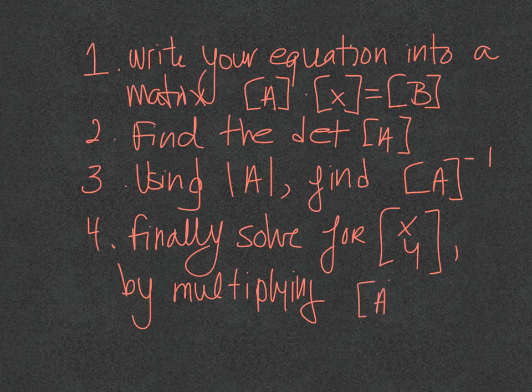Remember, you put the inverse matrix first, by matrix B. There you go. This is the way to solve a system of equations using matrices. Now, next class, we're going to do the exact same process, but on a calculator for a 3 by 3 matrix.